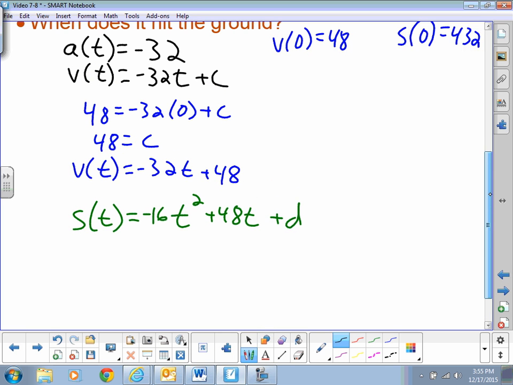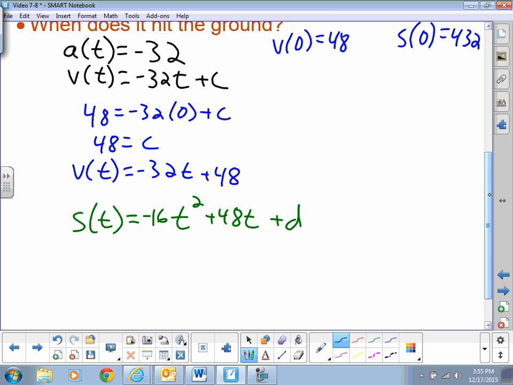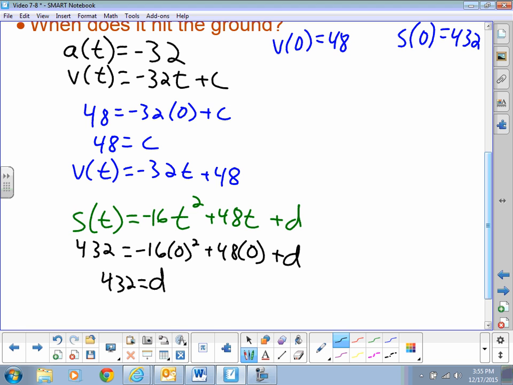We will now use that initial position of s0 equals 432. So we'll have 432 equals negative 16 times 0 squared plus 48 times 0 plus d. And this will give us 432 equals d.